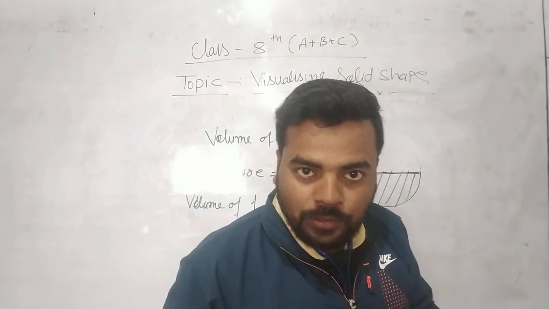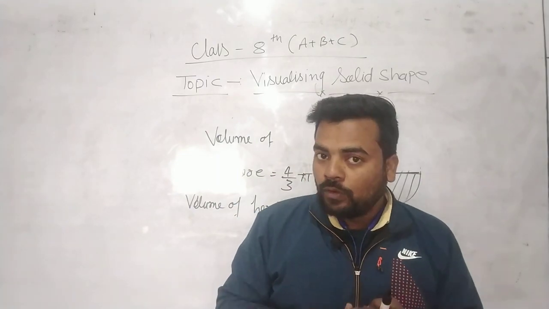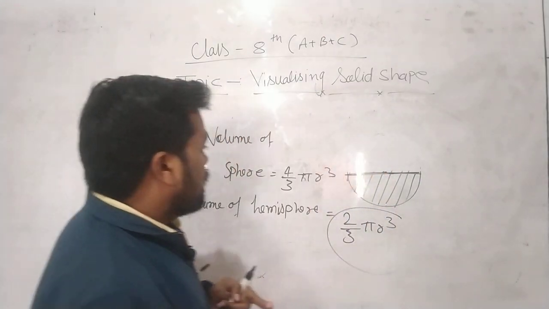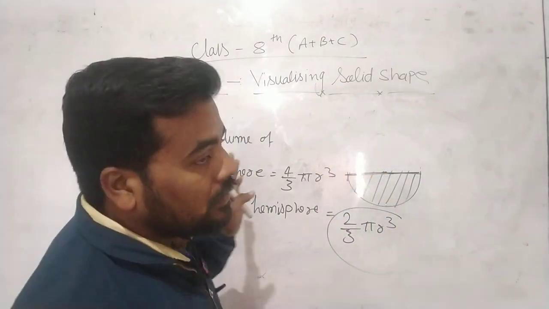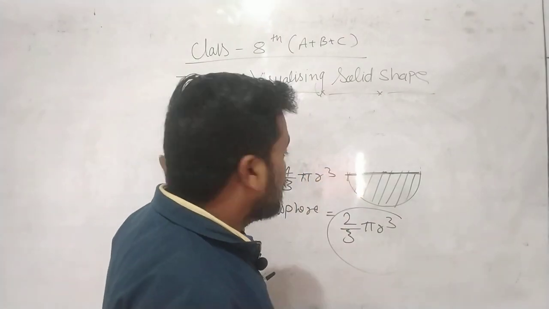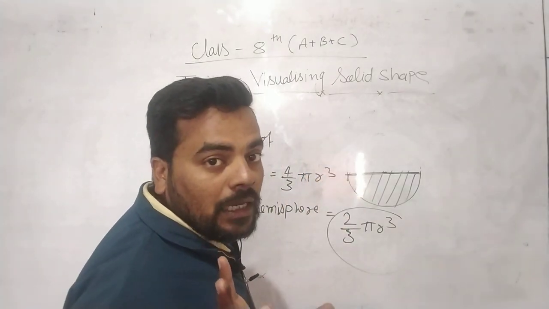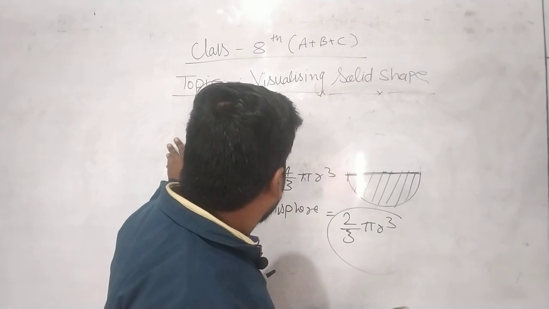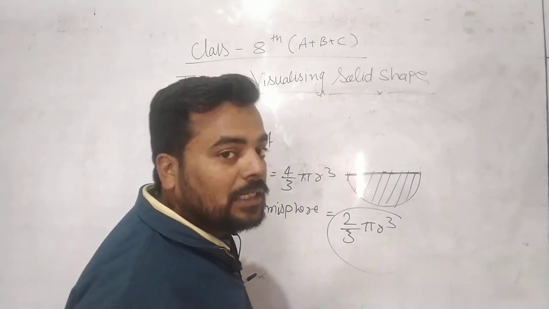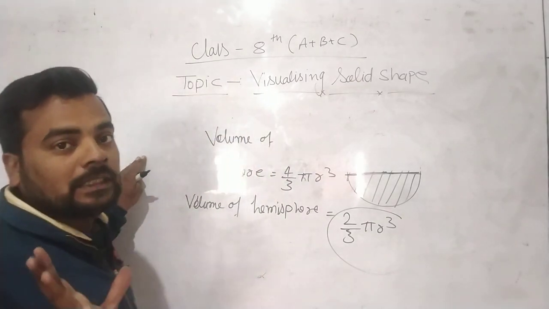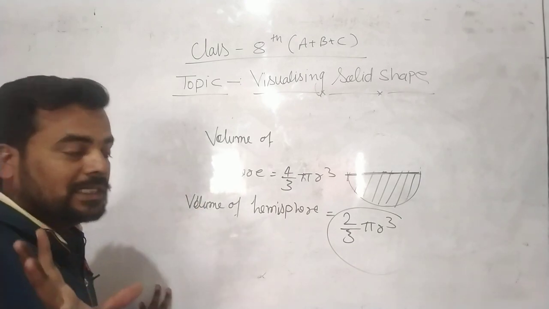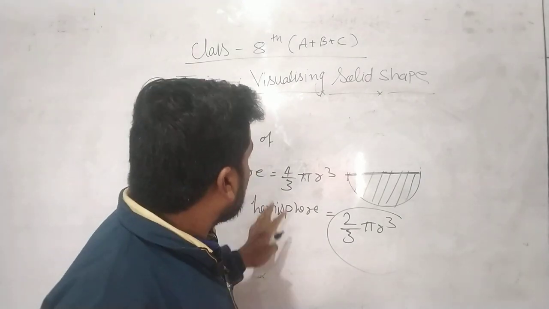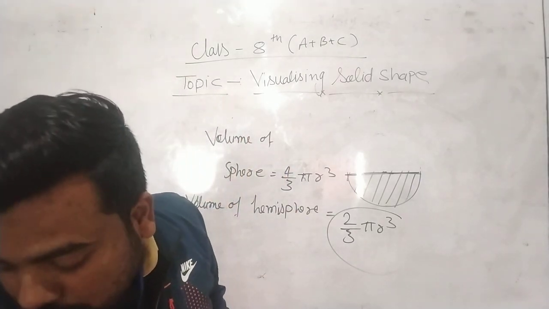Hemisphere, cube, cuboid, cone and cylinder. All the figures are 3D shapes, and for the last 8 minutes we have been talking about 3D shapes, or visualizing solid shapes. That's why these are the overview of solid shapes.